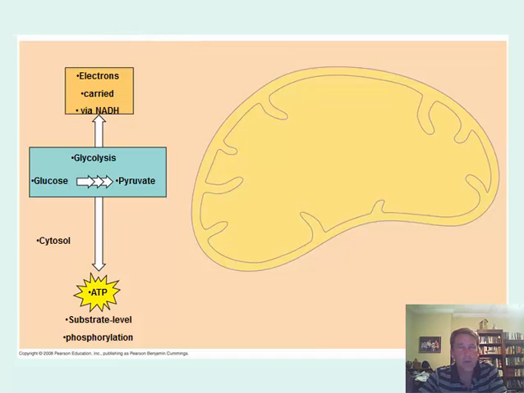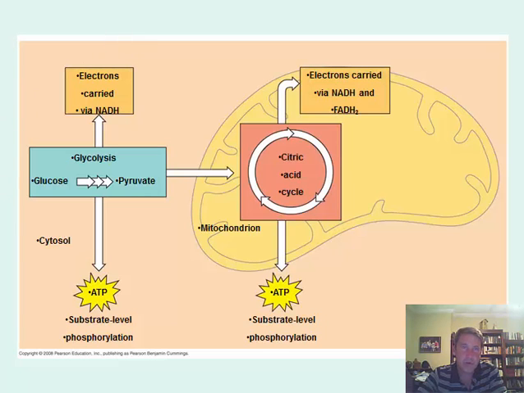Remember, we talked about phosphorylation being the adding of a free phosphate to the ADPs, and so a little bit of that occurs. For every 1 molecule of glucose, 2 ATPs are produced. So that's what happens there, and that's the first broad step.